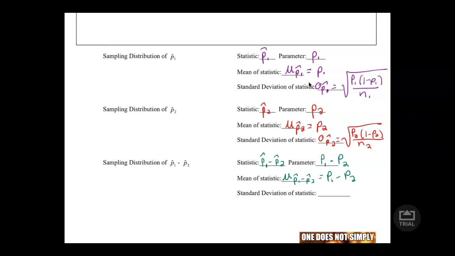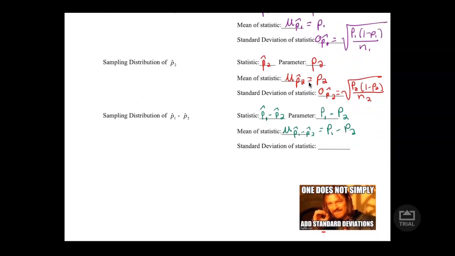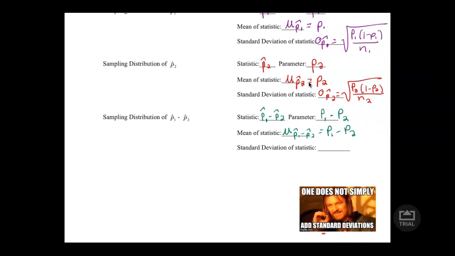Now, standard deviation is where we have to be careful. We learned in chapter 6 that when combining random variables, you cannot just add standard deviations. The way to get around that is to find the variance first, and then we can go ahead and take the square root. So when combining random variables, you can't add standard deviations; you have to add together their variances. That's where that formula comes from.